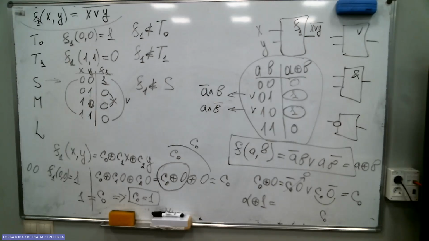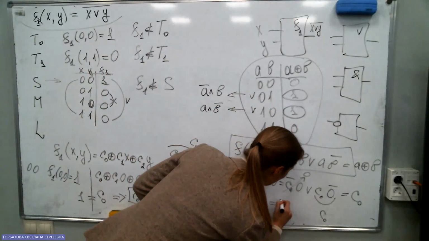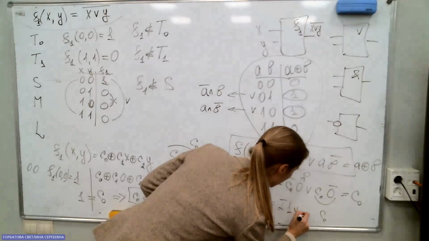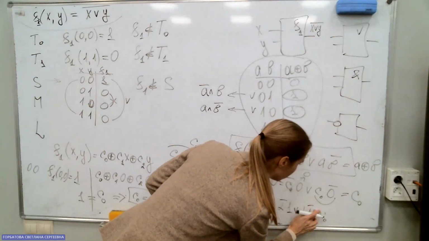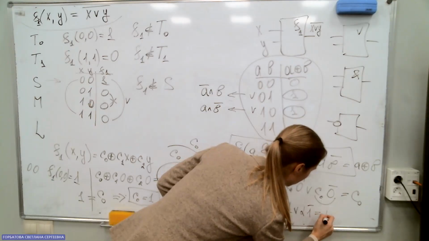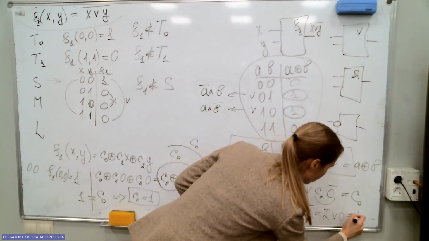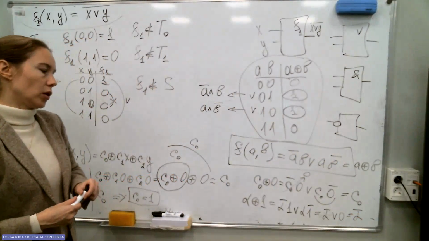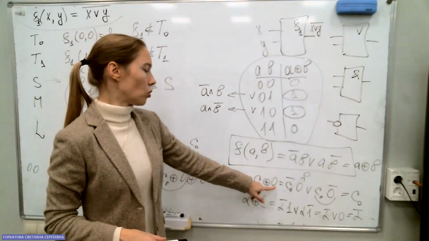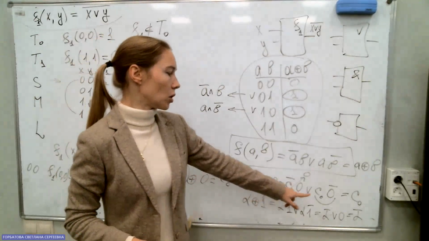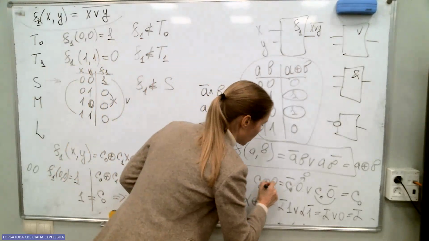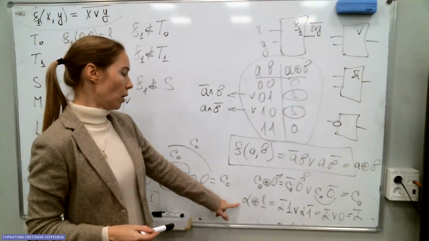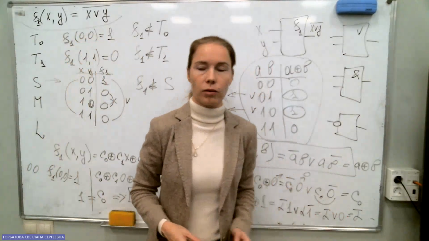The second part will be 0, so the result is not alpha. Very easy to remember: something plus modulo 2 0 is just something, so 0 disappears. And alpha plus modulo 2 1 means not alpha, the opposite of alpha.